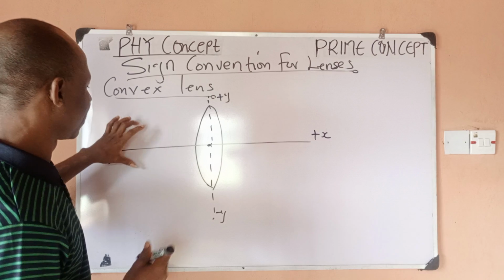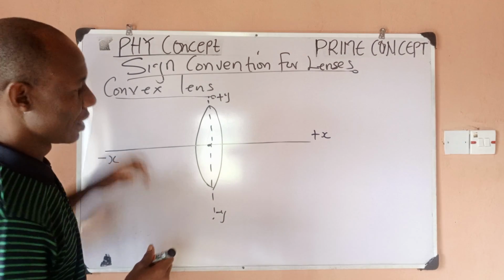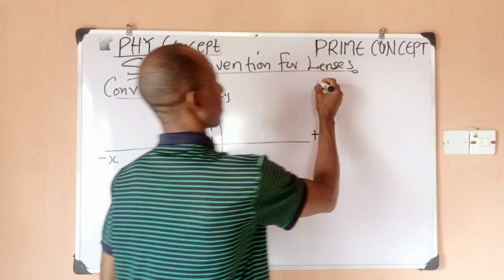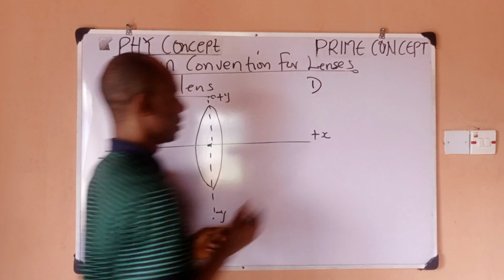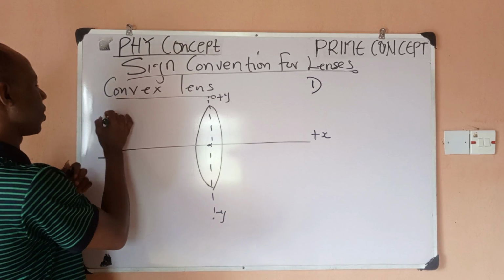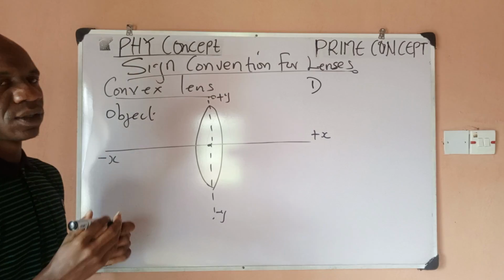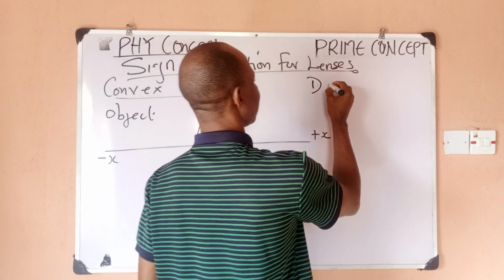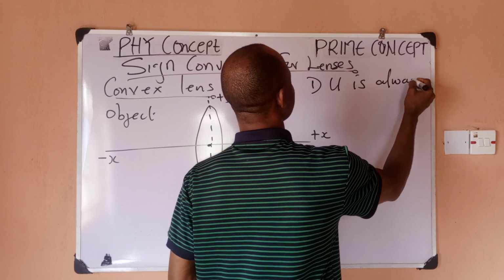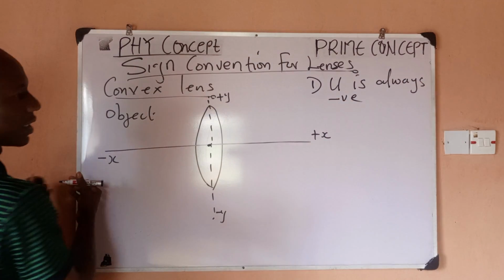Since we want to always place our object here, number one, this is where we would always place our objects, on the left. So our object distance, u, is always negative, seeing that it is on the negative axis.